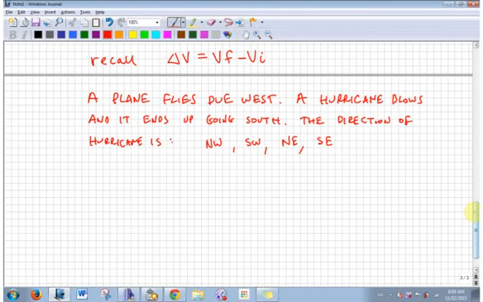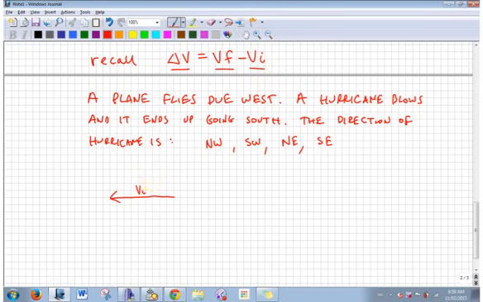Well, let's find out what goes on. So a plane flies due west. That's the plane, right? So looking at this, which one is that? Initially, the plane is flying west, right?